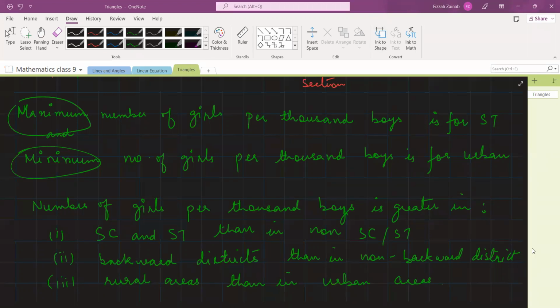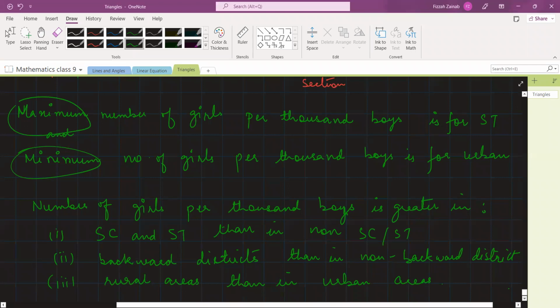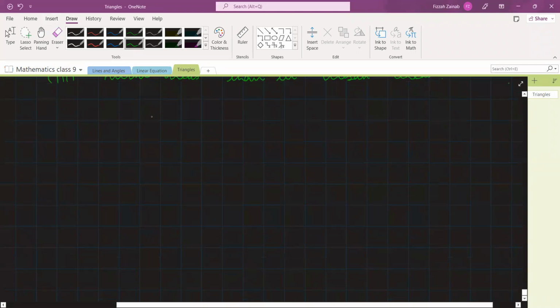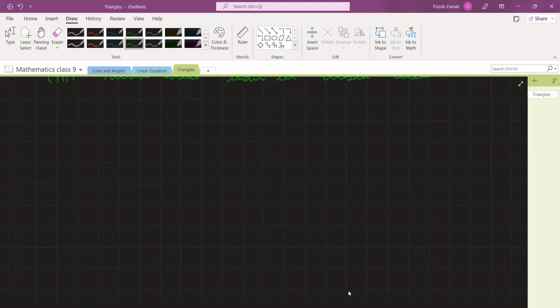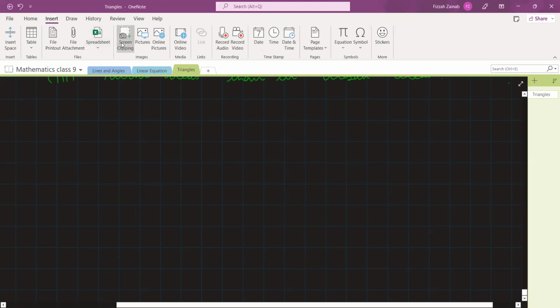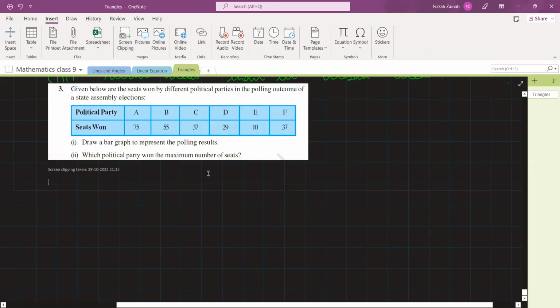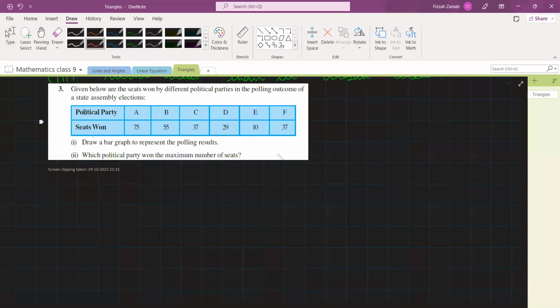Okay, then next, the third question. Given below are the seats won by different political parties in the polling outcome of a state assembly election. So A, B, C, D, E, F are the parties and these are the seats. So this looks simple, right?